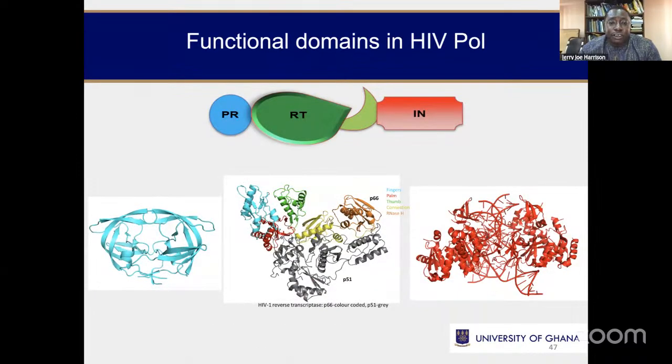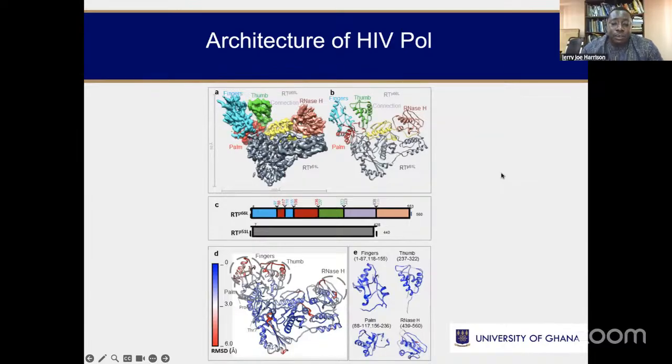Just before I show you the structure that we got, just a reminder: the protease functions as a dimer, the reverse transcriptase as a heterodimer, and the integrase, the basic architecture is a tetramer, but we know that it forms higher order oligomers that are actually active. And so for the Pol, these are the structures that had been solved at the time. When we looked at the architecture of the Pol, all that we saw basically was the reverse transcriptase.